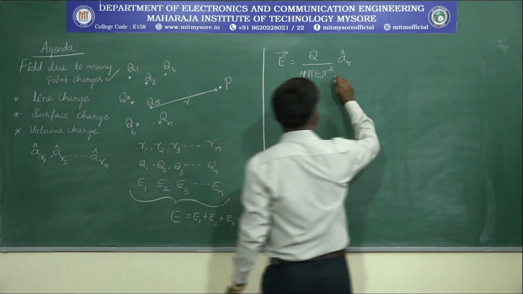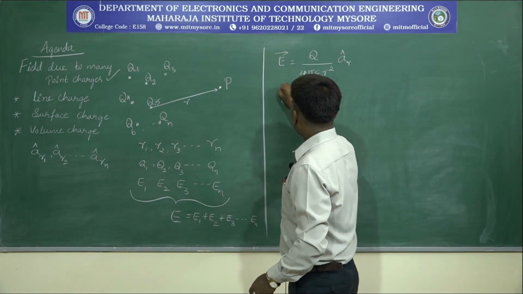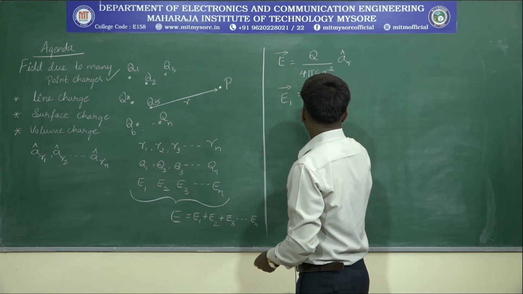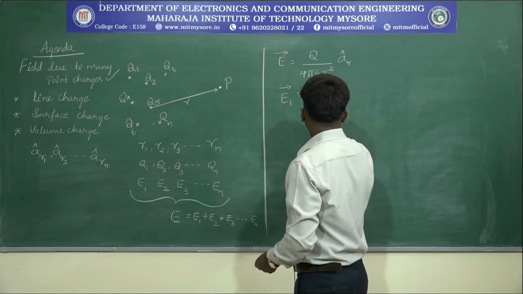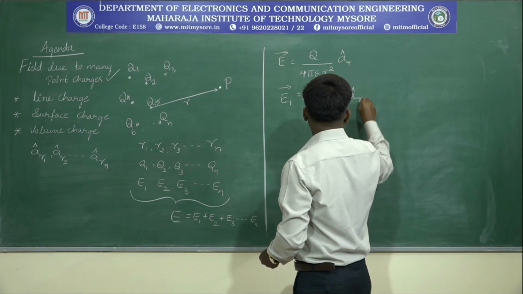Okay, so this is the general equation. If I write the equation for E1, then this becomes Q1 divided by 4 pi epsilon naught R1 square into a cap R1.